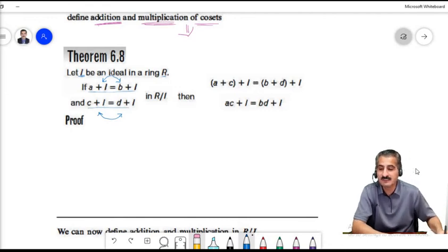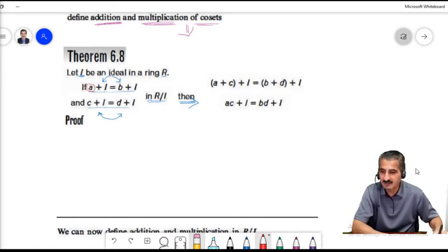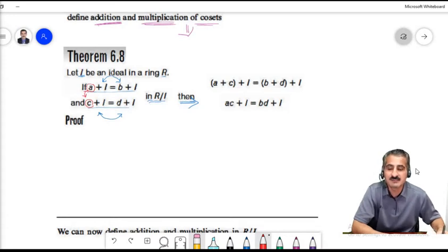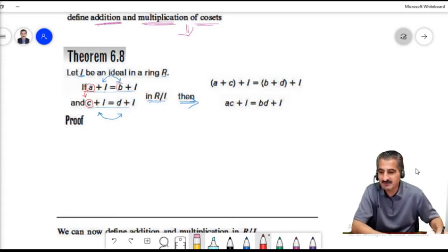Now what does this theorem say? These are elements in R. The theorem says if I choose the representative a for this coset and representative c for the other coset, and I multiply or add, I will get the same result as if I use the representative b for the first coset and d for the other, multiply and add.